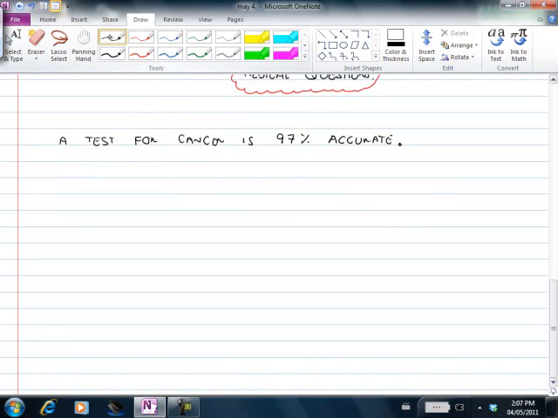Now here's the thing. It says, suppose 2% of the population has this disease.